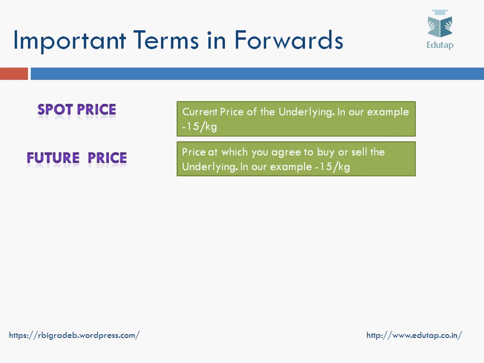In our example, the future price is also 15 rupees per kg. It could have been different. Suppose the farmer and the factory had entered into a contract to buy and sell the onions at 18 rupees per kg in the future, then the future price would have been 18 rupees per kg.